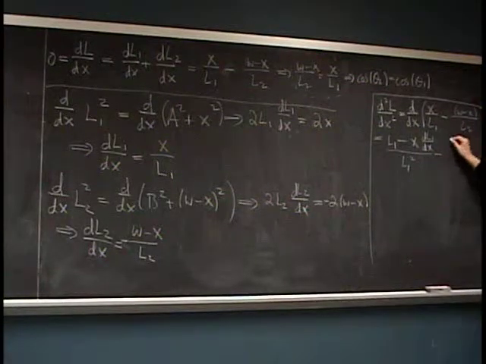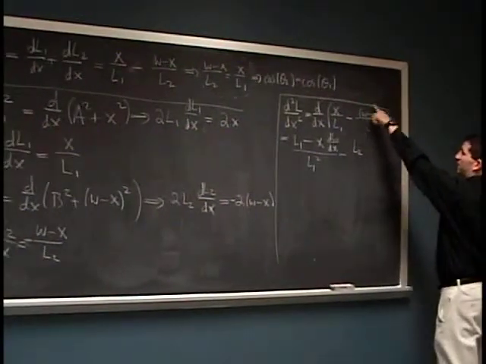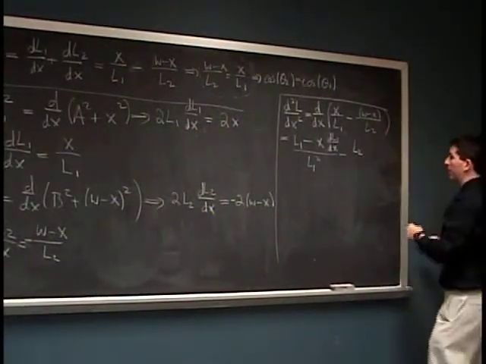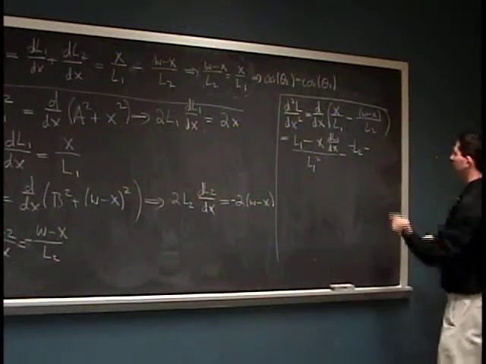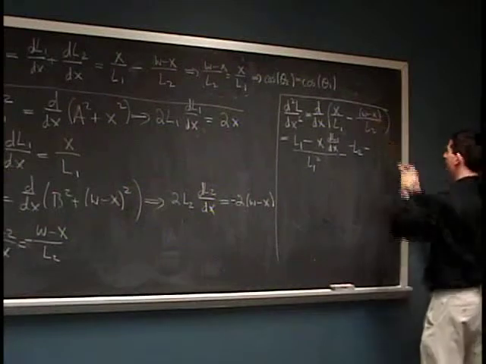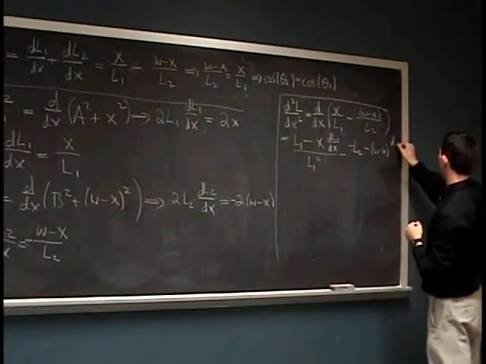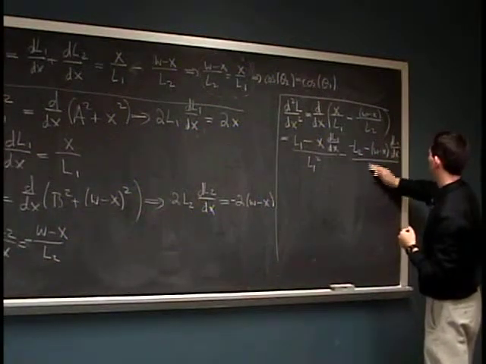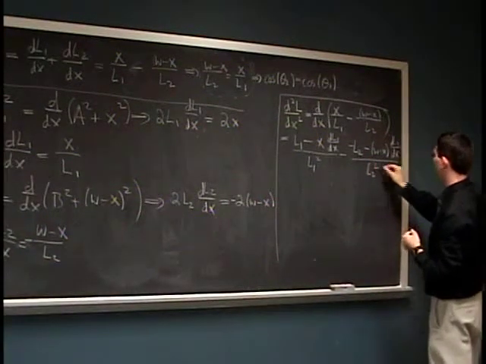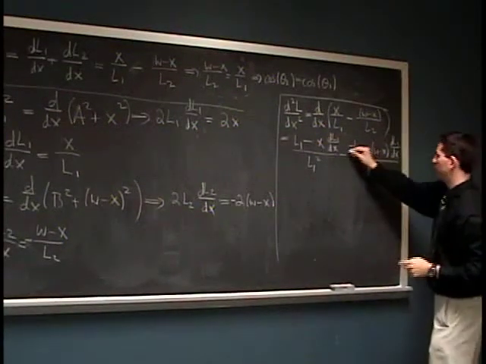So low, d high, derivative of w minus x, which is minus 1. So this becomes minus high, d low, that's dL2 dx, over L2 squared. Okay, and we quickly notice you have minus, minus, minus, so we just turn them all into pluses.